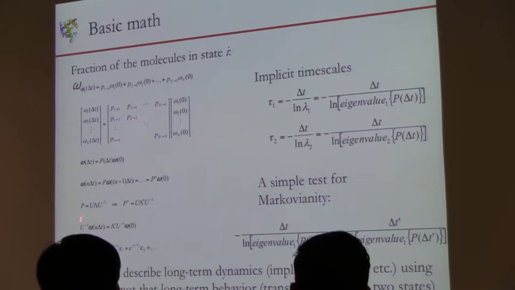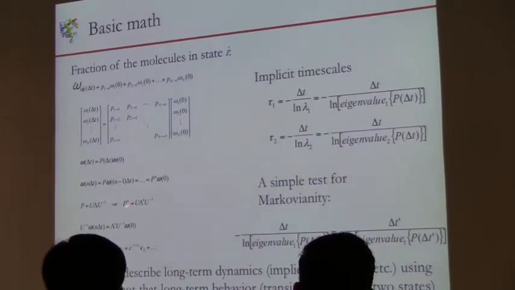Now, in most cases, except for some pathological ones, we can diagonalize the transition matrix, so that gives us this representation. And it's a nice fact that P to the nth can be diagonalized on the same basis set as the transition matrix itself.